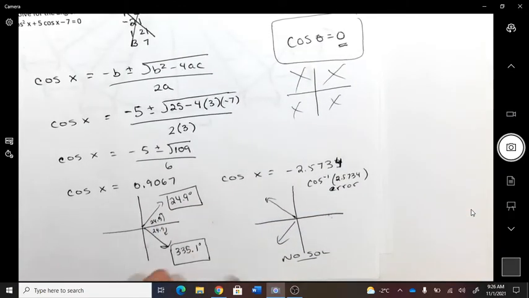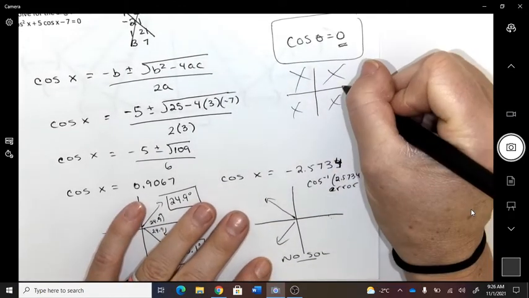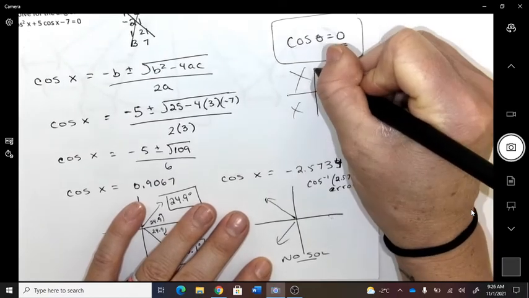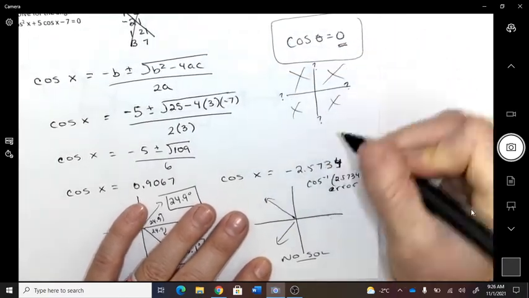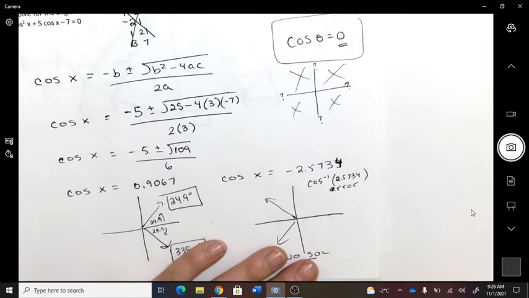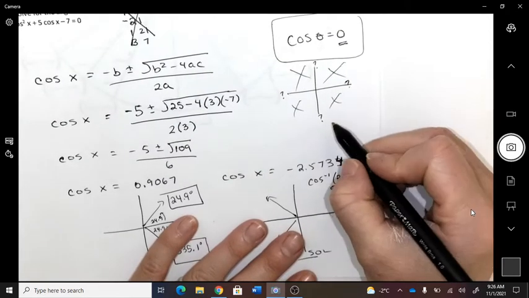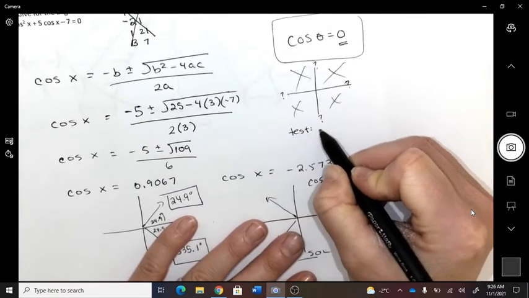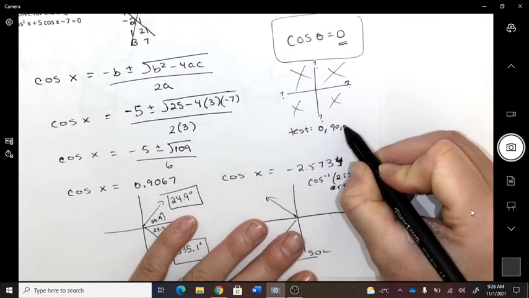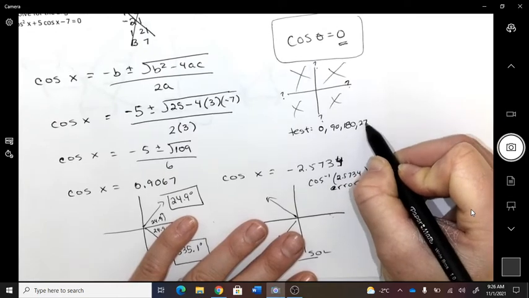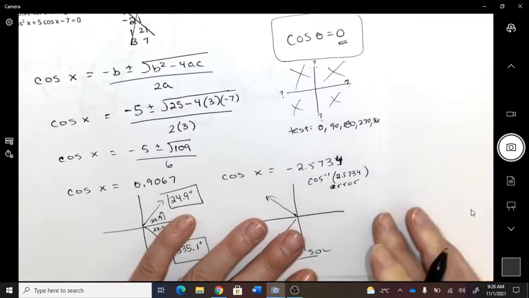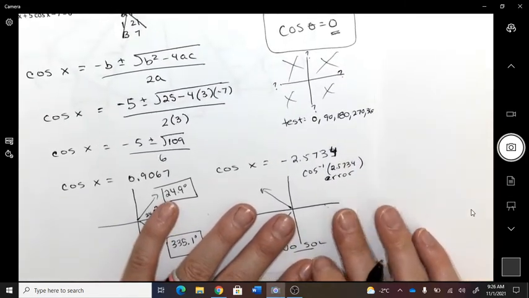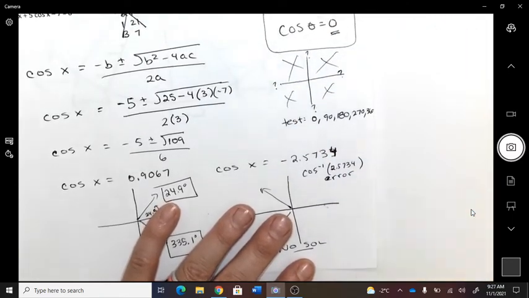So what do I know about the angle? It's going to be on either the x-axis or the y-axis, basically. Okay? So if you want to test, you're going to have to do 5 tests. Those are all the values that would be possible. You could be at 0, 90, 180, 270, or 360.